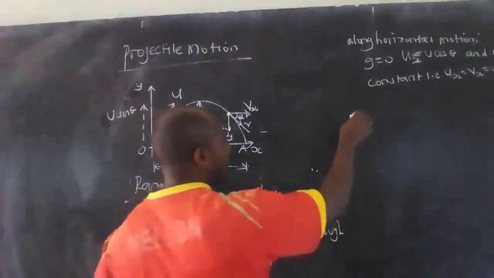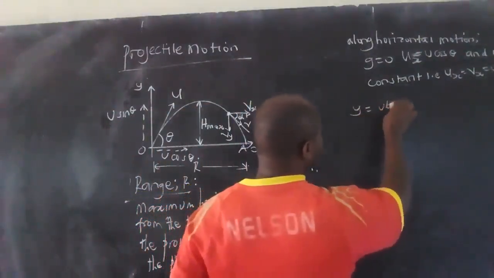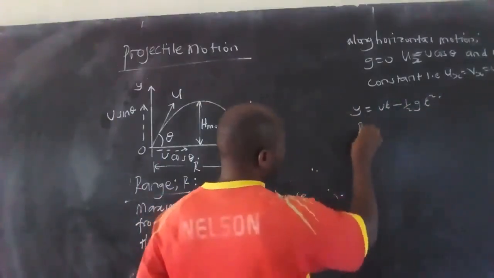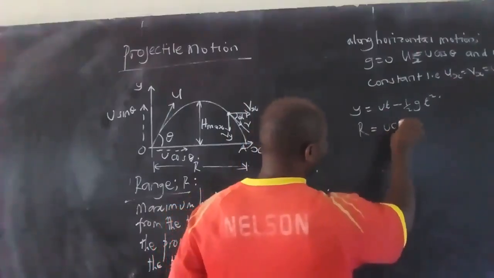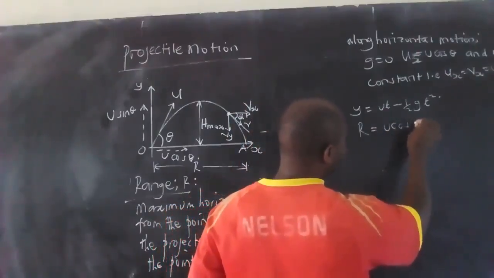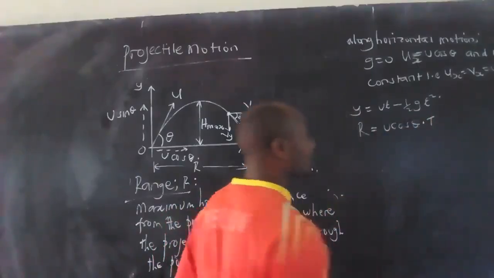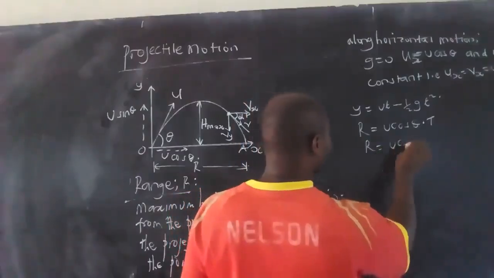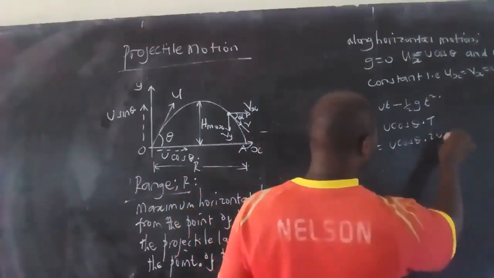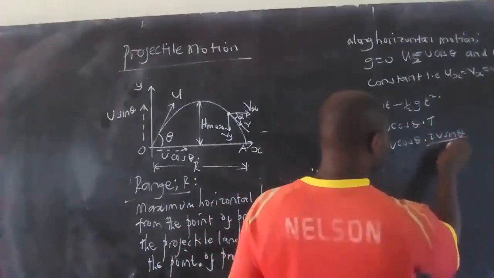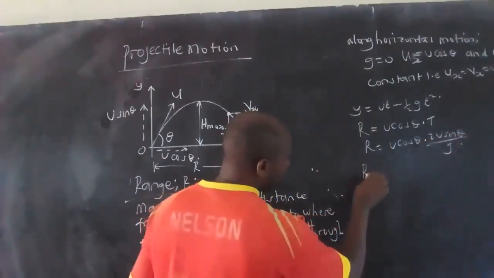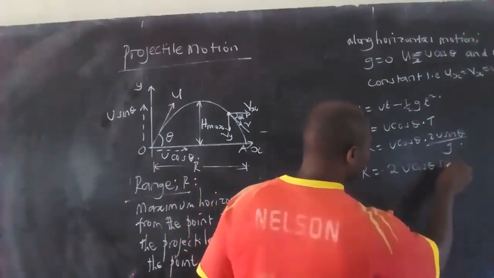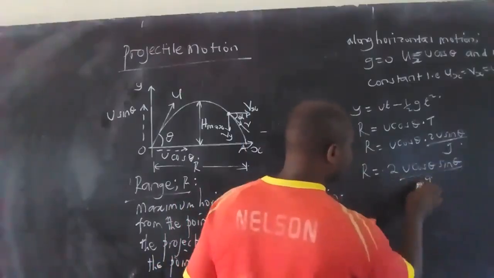We know that our y equals ut minus a half gt squared. So our R will become u cos theta times time of flight, because the time taken is time of flight. So it will become u cos theta times 2u sine theta divided by g. So R will now become 2u squared cos theta sine theta divided by g.